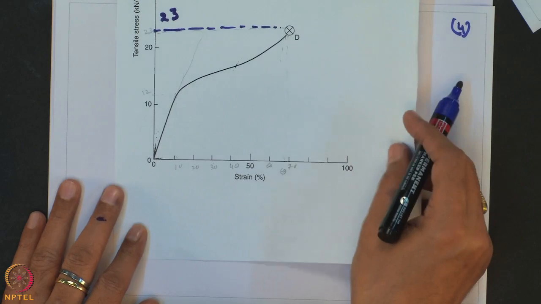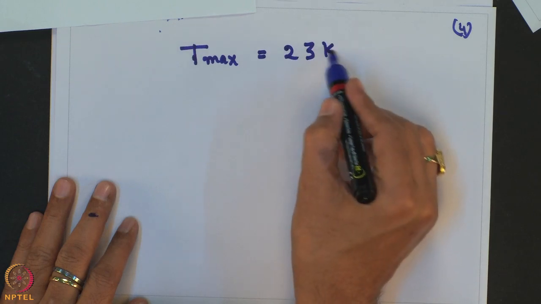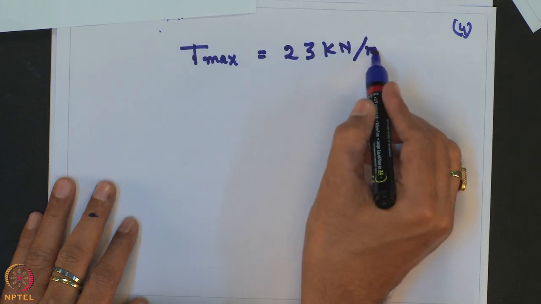So, you can write that the maximum strength, T max, is equal to 23 kilonewton per meter.